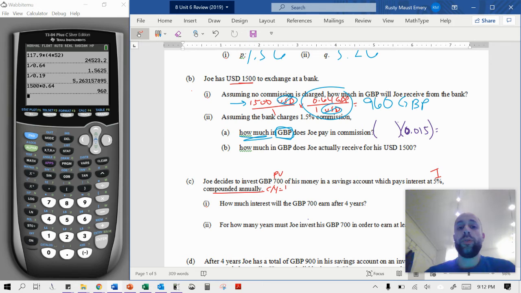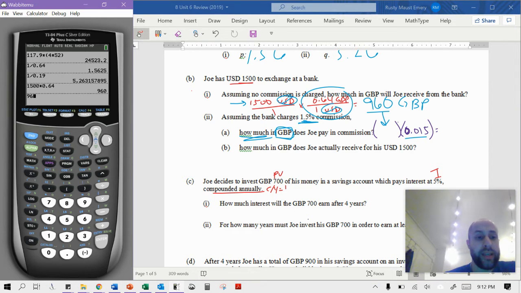In part 2, now assuming the bank charges 1.5% commission, that means we've converted to Great British pounds, but now they are going to charge us commission. How much in British pounds does Joe pay? Well, here's what we have. We know how much he got, and the commission is 1.5%, which is 0.015.